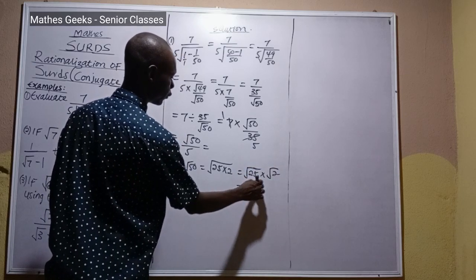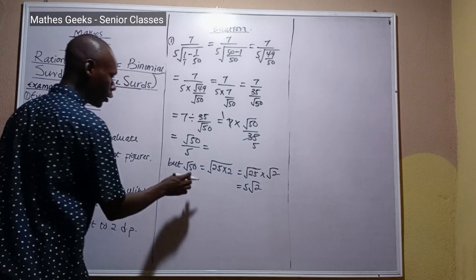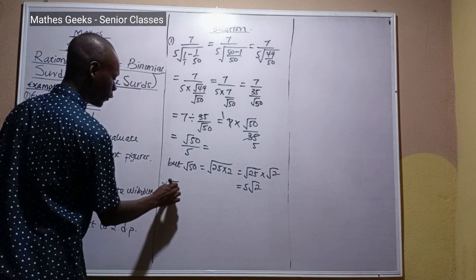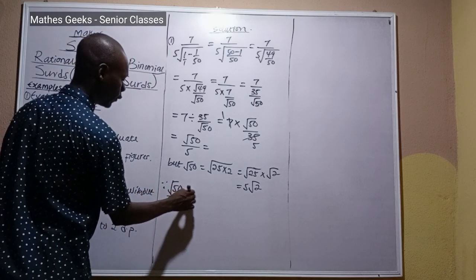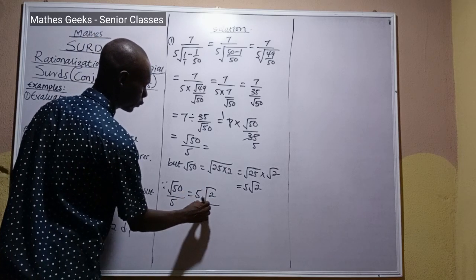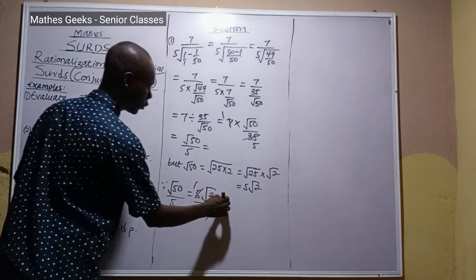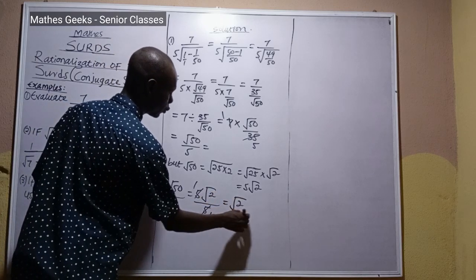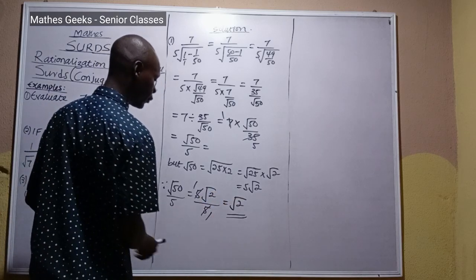That's equal to 5 root 2. So therefore root 50 over 5 is equal to 5 root 2 over 5. 5 and 1, 5 and 1. That's equal to root 2. Final answer.